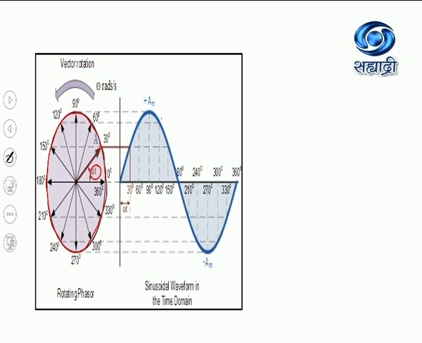Now, if a sinusoidal waveform is to be drawn in the time domain, what do we do? We take omega t, that is theta, along the x-axis, and the quantity, whether it is EMF or current, along the y-axis.